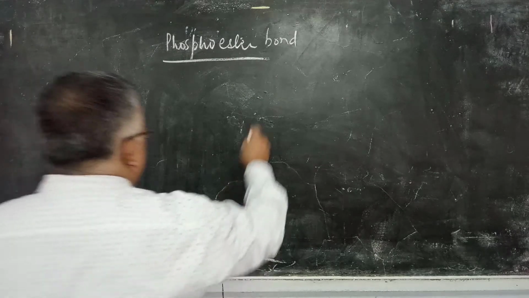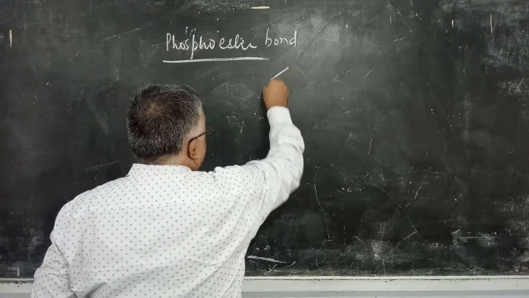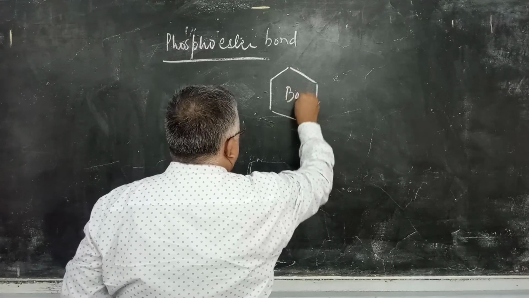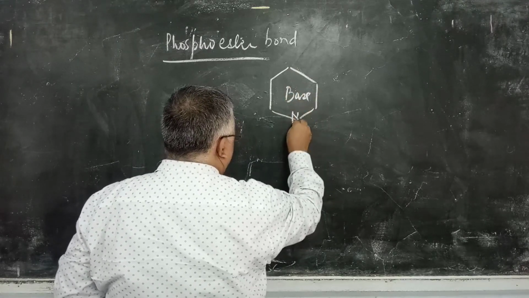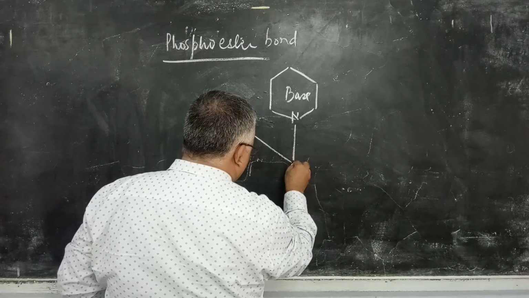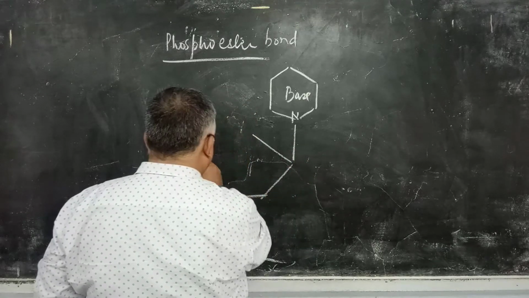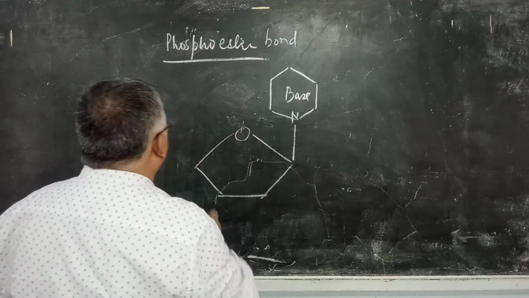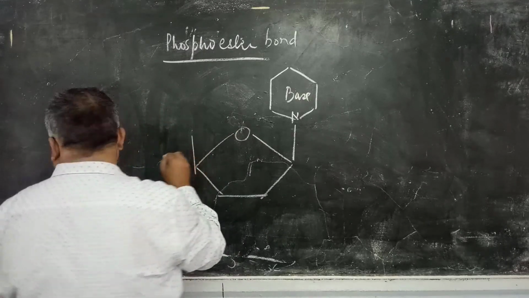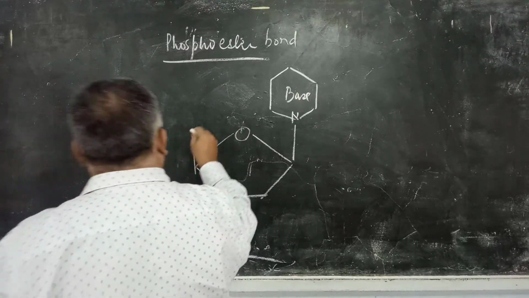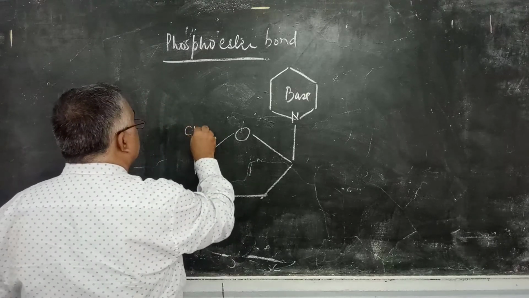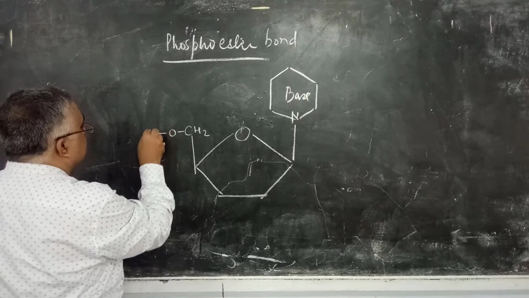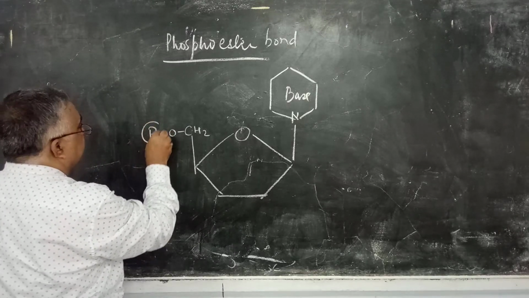Now the phosphoester bond is, suppose this is a base and this base is attached to a sugar. Okay. Now we have O, and then the first phosphate molecule is attached here.